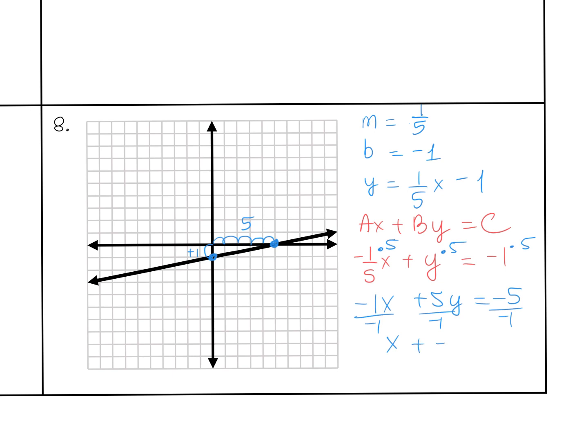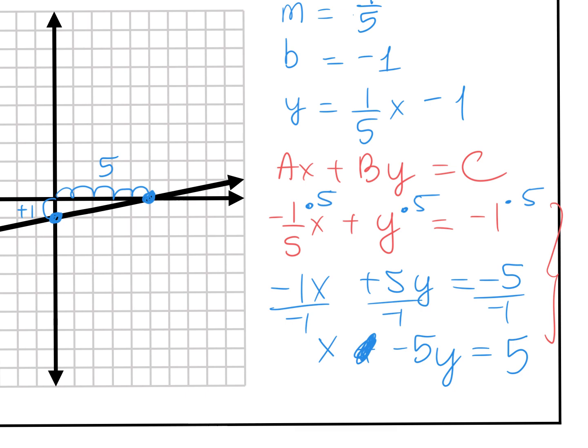You will have x minus 5y equal to 5, right? Another way that you can do it: you can multiply by 5 and then divide by negative 1, but you also can multiply by negative 5. Okay, if you do this, you will get the answer right away.